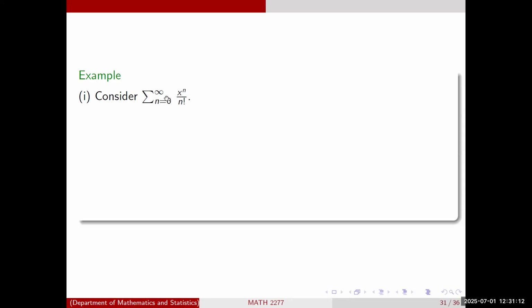So what you need to do is first write this in the form of a general power series. If you compare to this general form, we will see that the coefficients an are 1 over n factorial.